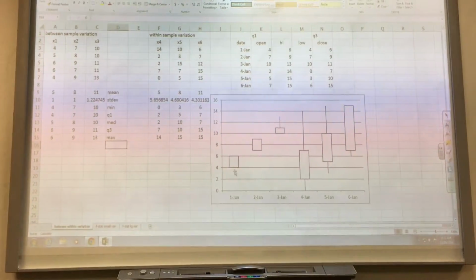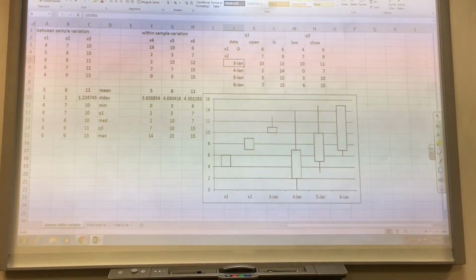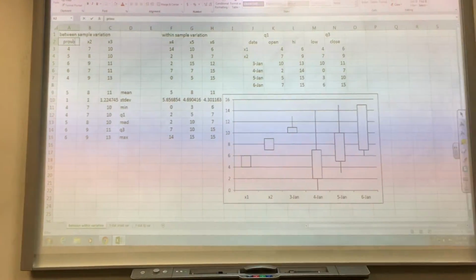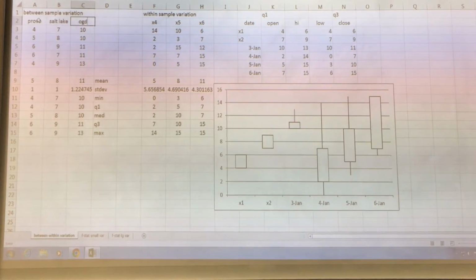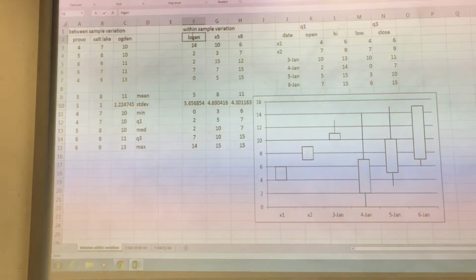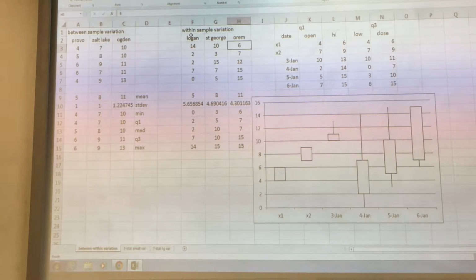Anyway, this is what I'll do. We're going to change these labels. We're going to put Provo, Salt Lake, and Ogden, so that we pretend they actually represent something. And this other one is going to be Logan, St. George, and Orem. I'm just making this up.